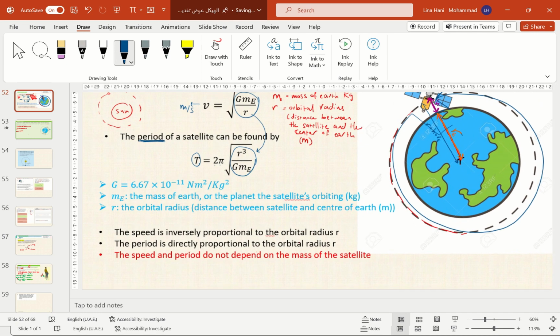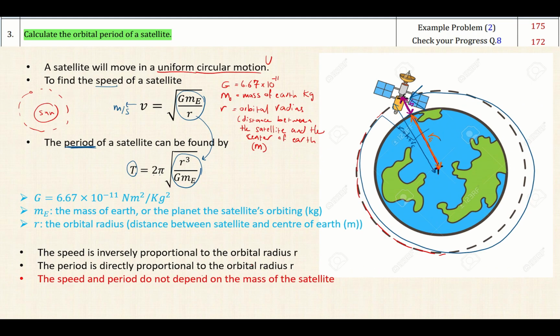Now, from these two equations, you can conclude the following: the speed of the satellite is inversely proportional to the orbital radius. This one is up in the numerator, while this one is down in the denominator.